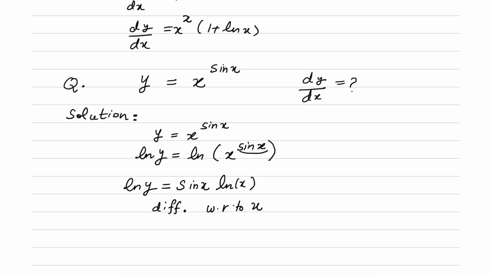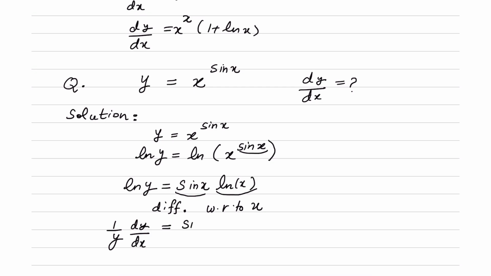Left hand side, which is ln y, its derivative is 1 over y dy by dx. And on the right hand side, we have an expression which is the product of two terms. So we will call sin x the first term and ln x the second term, and we will apply the product rule of the derivative.